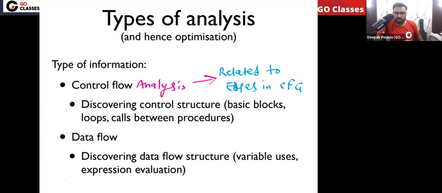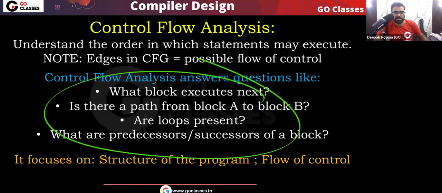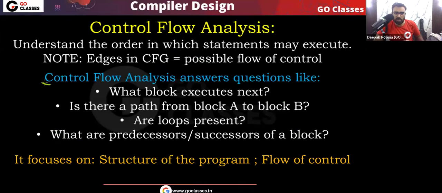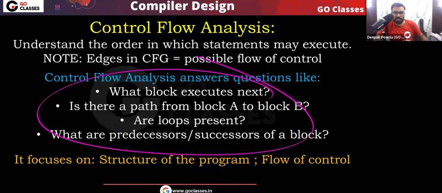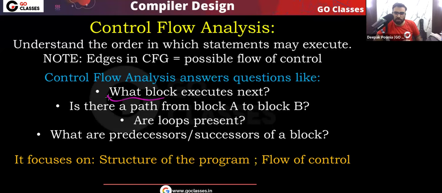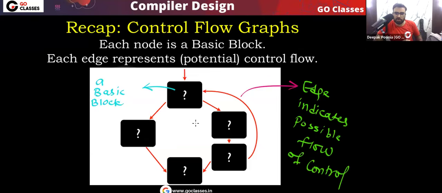Now, you can see some examples I've given here. The control flow analysis will answer some of these questions. For example, which block will execute next? If you are at this block, which block will execute next? This block will execute. Who is telling you? This edge is telling you. Yes or no?